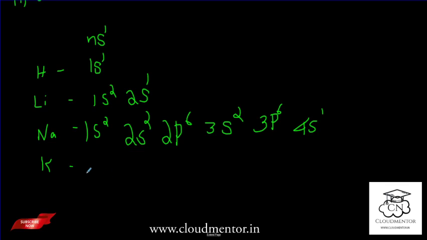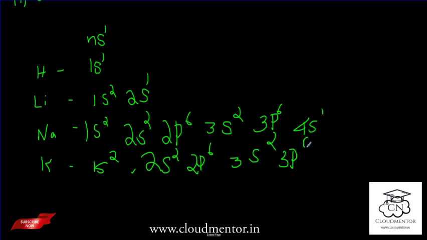And potassium is 1s2 2s2 2p6 3s2 3p6 4s1.